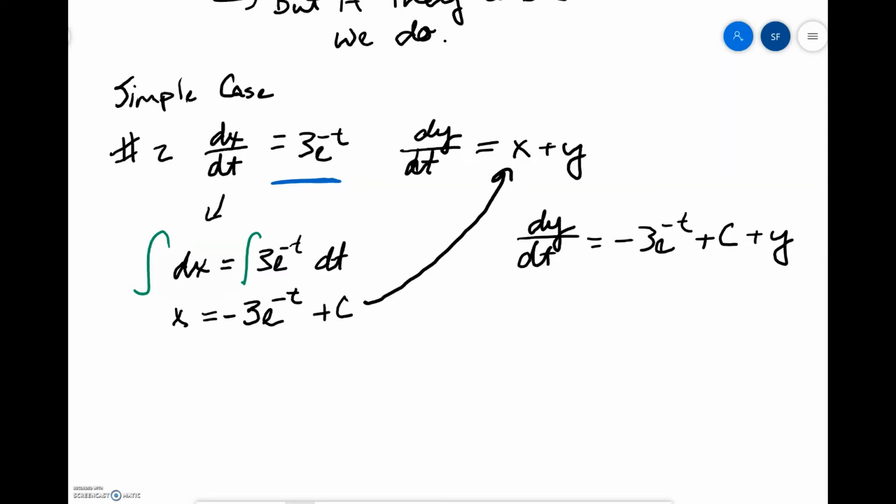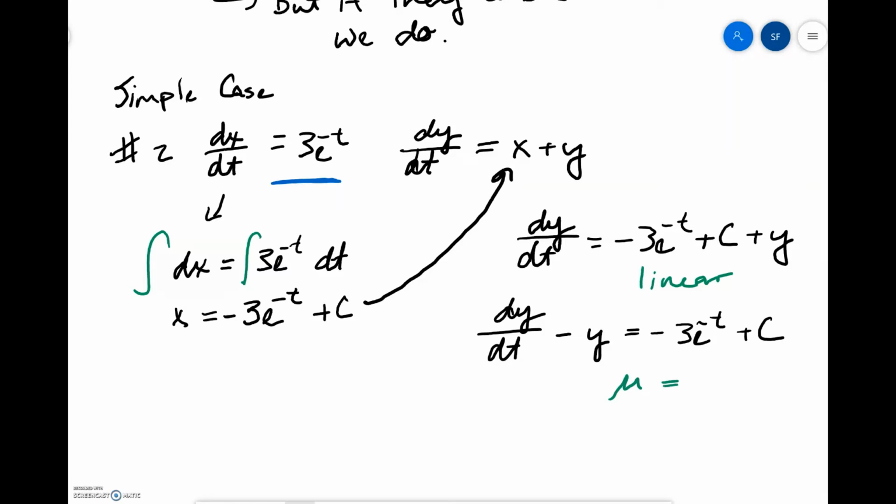This one is now a linear equation. Let's get this y over to the other side to get it into the correct form. dy/dt minus y is negative 3e to the negative t plus c. Our multiplying factor is going to be e raised to the integral of negative 1 dt, so our multiplication factor is e to the negative t.